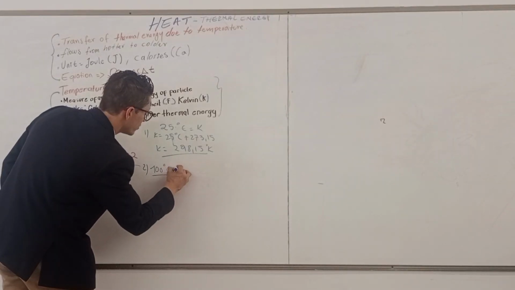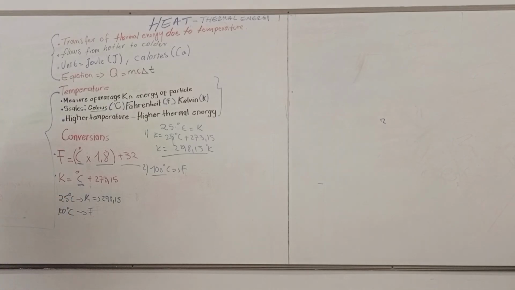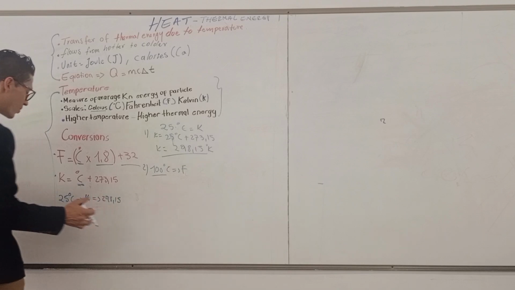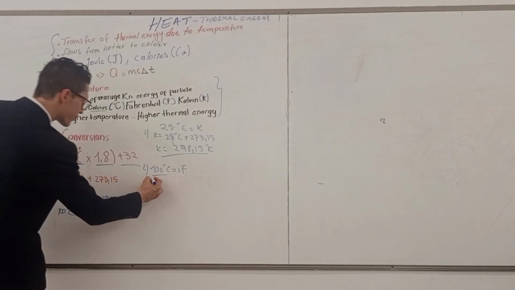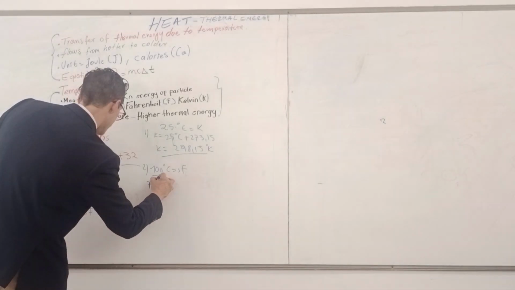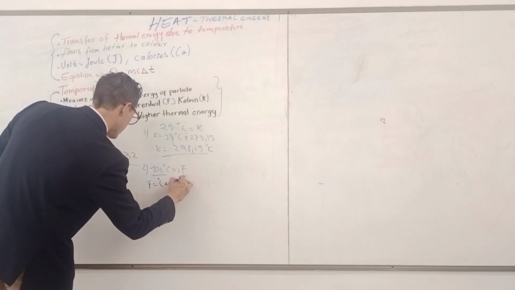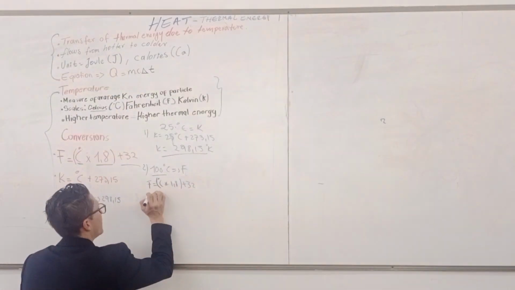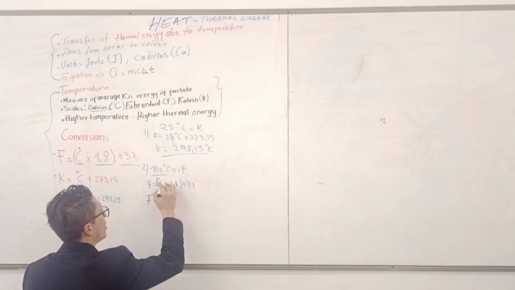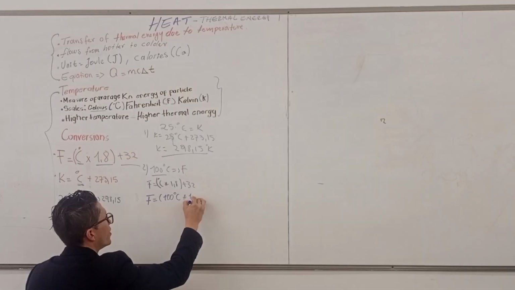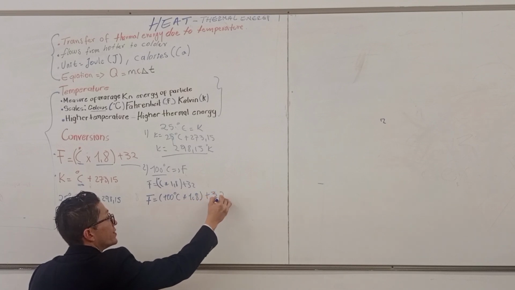Now let's convert 100 Celsius to Fahrenheit. The equation is not harsh to understand. Fahrenheit is equal to Celsius times 9/5 plus 32.